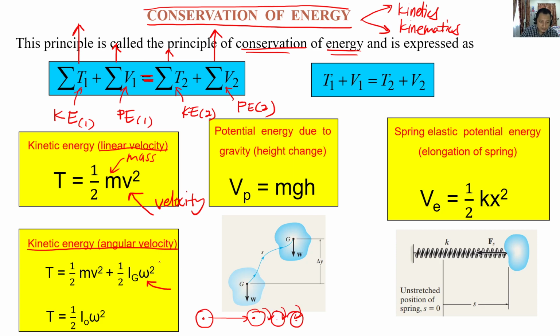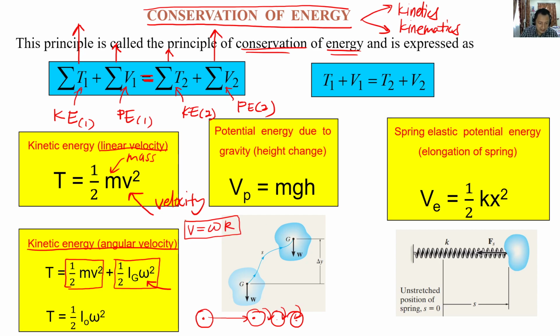So it has two things: linear kinetic energy, and angular kinetic energy due to the rolling. Basically it is the same, only V is equal to omega r. For anything rotating, the velocity is equal to omega times r. Omega is angular velocity, r is the radius.